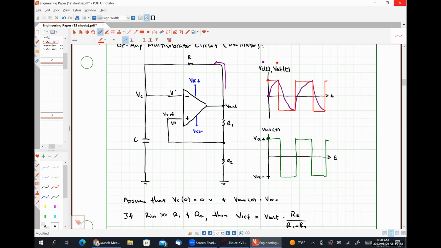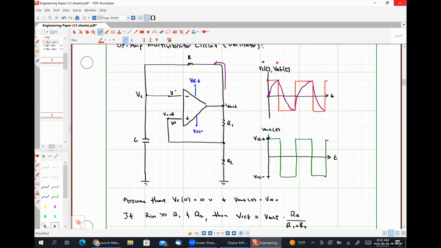So what we wind up getting is an oscillator circuit. So our output voltage is changing from VCC plus to VCC minus and back at very regular intervals that are defined by how long it takes our capacitor to discharge. So this is a very simple clock circuit that we can tune by using different component values.